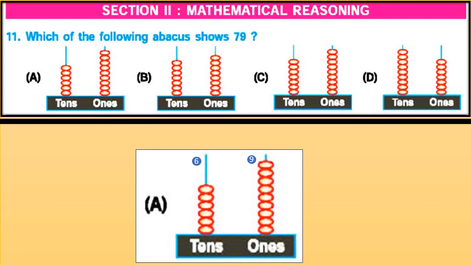Now 6 beads are there on tens place, so I wrote 6 there, and 9 beads are there on ones place, so I wrote 9 there. Now the number formed is 69. Now similarly you can solve options B, C and D and then tell which option shows 79.